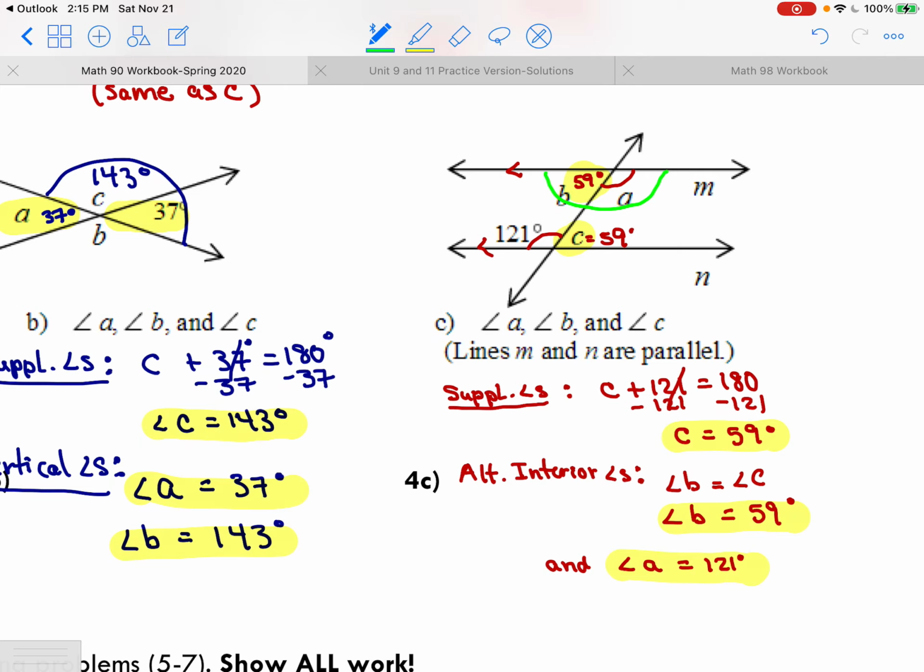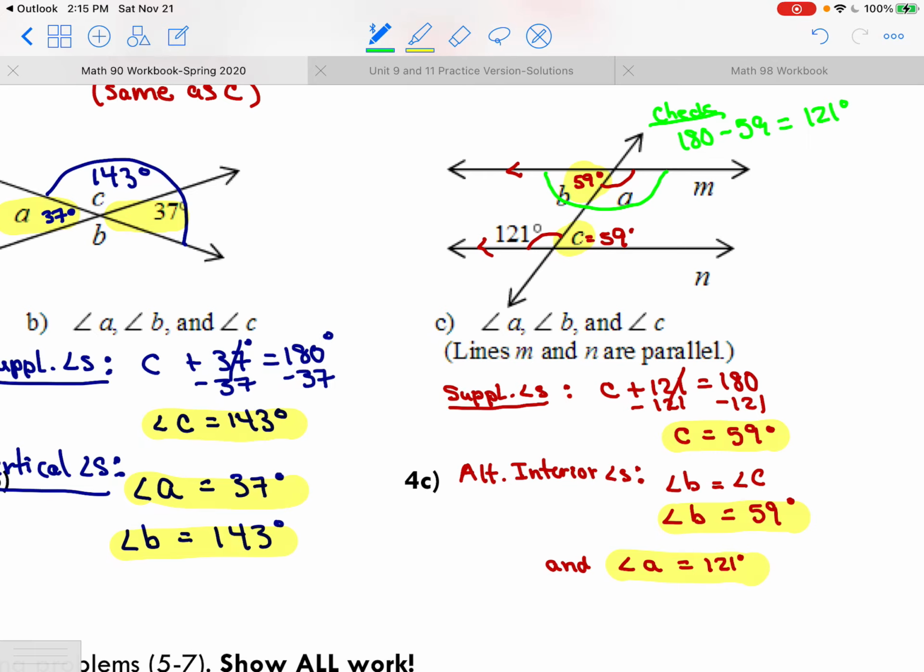We would have said, okay, angle B and A have to add to 180, right? So if we wanted to even just check that, we could say, all right, 180 minus 59 has to be what's remaining, which we would see as 121, and that would have been our A. Okay, so we can check in different ways.